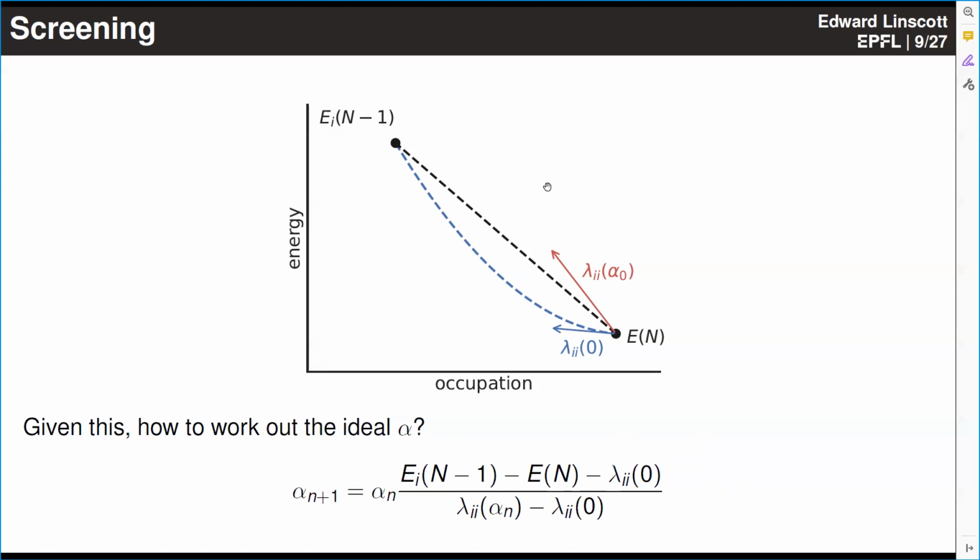This formula gives us exactly the right value of alpha that will guarantee that this line points in the right direction to satisfy this piecewise linearity condition. In principle, this is an iterative process, but in certain cases, like the KI functional, where the total energy is simpler, this is guaranteed to converge within a single step.